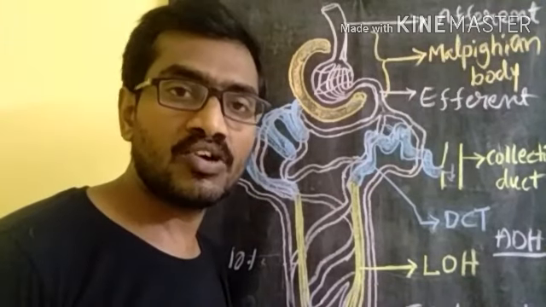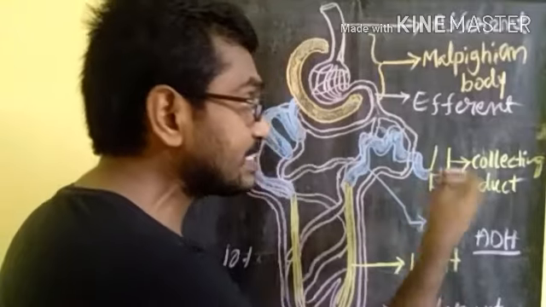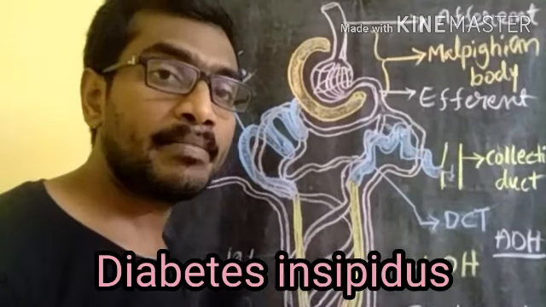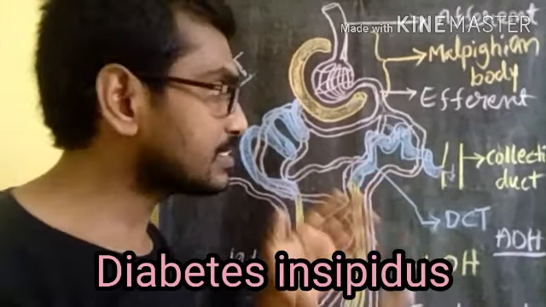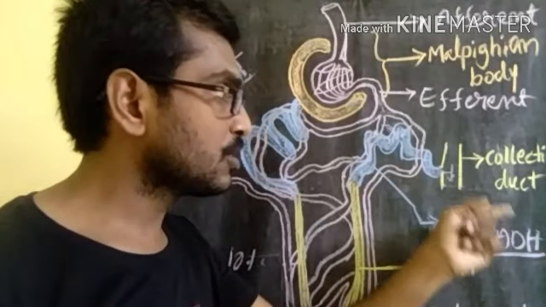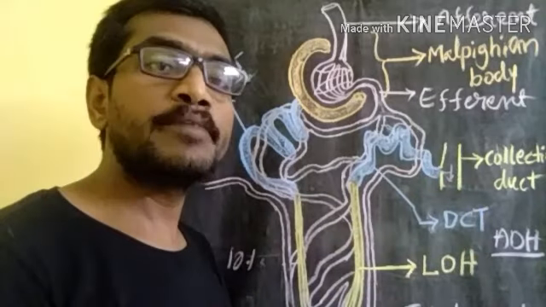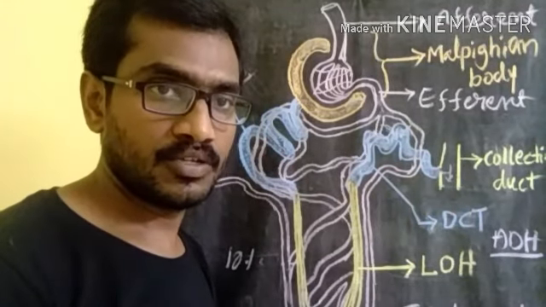That condition we call diabetes insipidus. This diabetes insipidus occurs due to lack of ADH. This ADH helps in reabsorption of water from the collecting ducts.